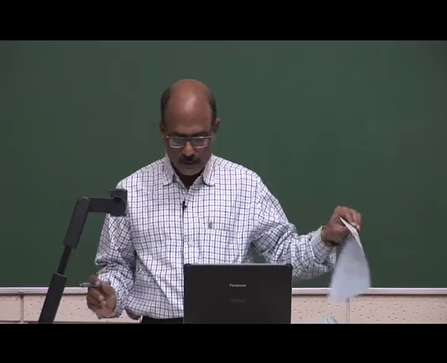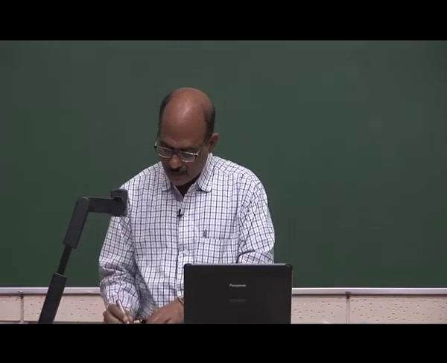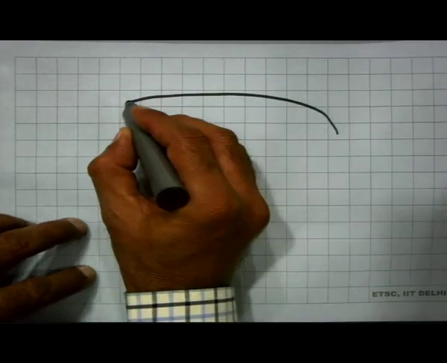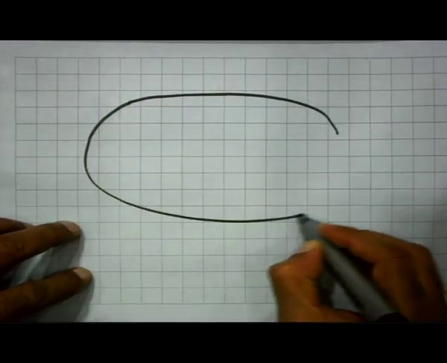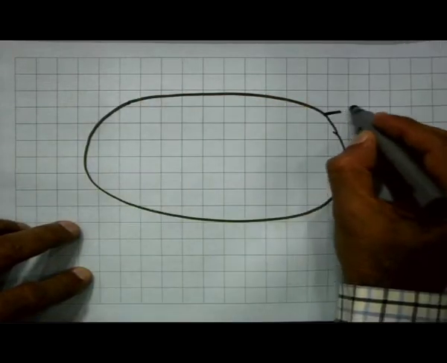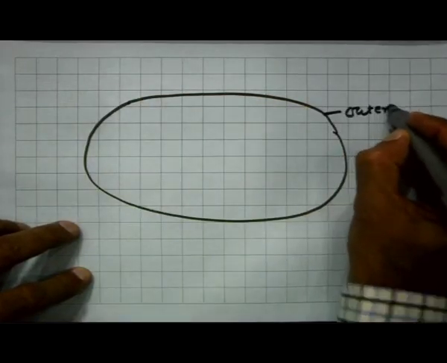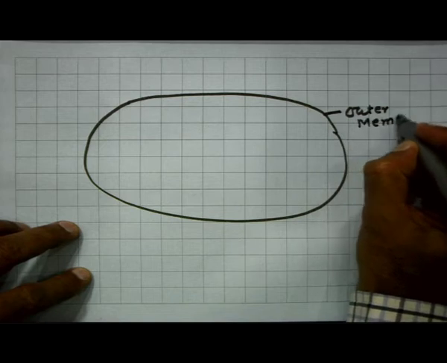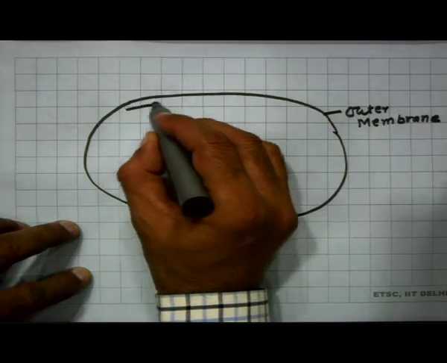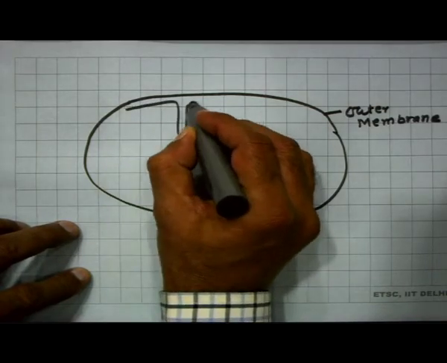We know from the chapter on cell structure that the mitochondria is a double membrane structure. The outer membrane is smooth and the inner membrane is folded.